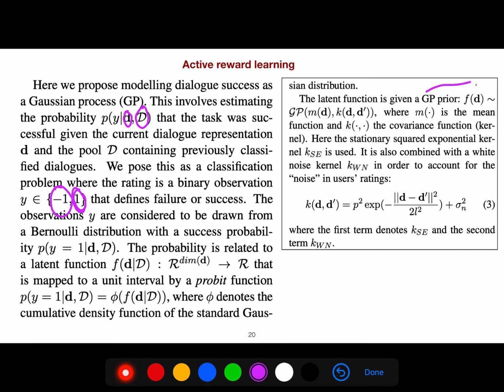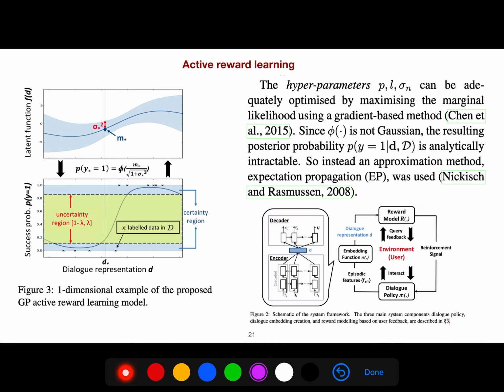Using the prior, you estimate the posterior, and you have some hyperparameters to tune like in any other Gaussian process method. You can also estimate the uncertainty, and that's the point behind using a Gaussian process. Sometimes the uncertainty is low, sometimes it's really high.